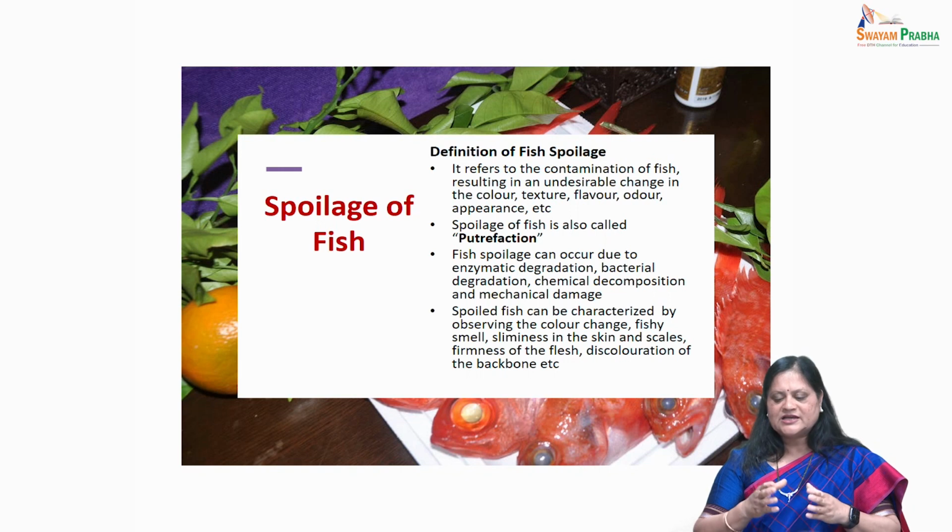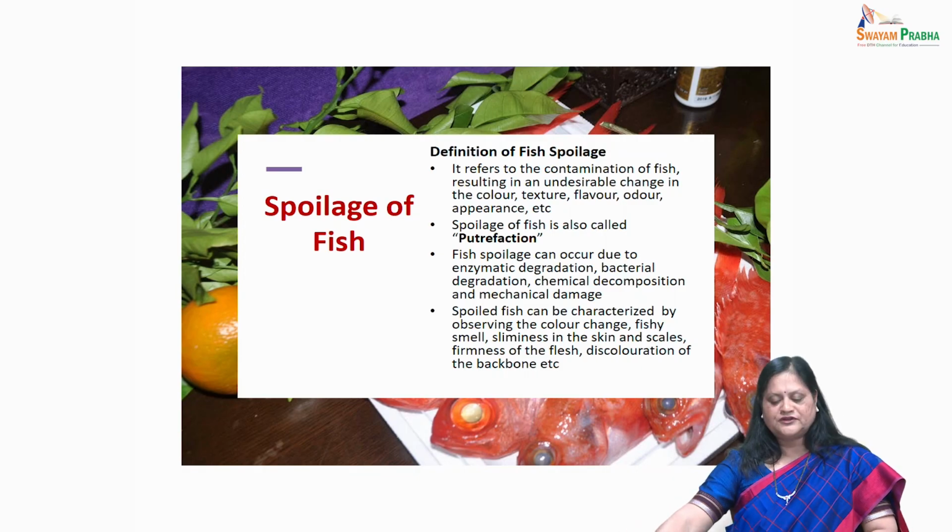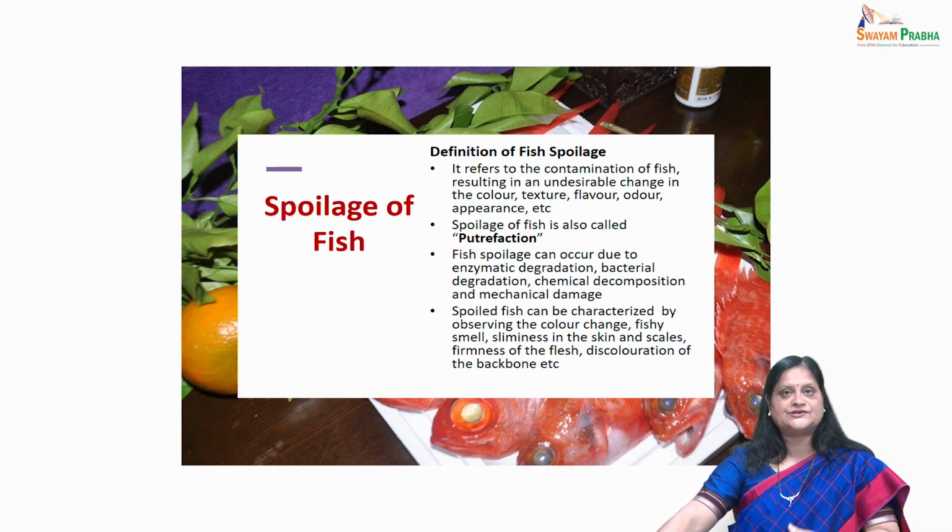Fish spoilage can occur due to enzymatic degradation, bacterial degradation, chemical decomposition, and mechanical damage. Spoiled fish can be characterized by observing color change, fishy smell, sliminess in the skin and scales, firmness of the flesh, discoloration of the backbone, etc.